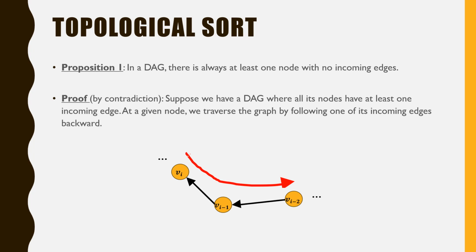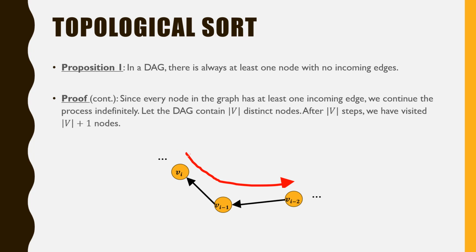In the next step, we follow an incoming edge of Vi backward to visit Vi-1. Again, we follow an incoming edge of Vi-1 backward to visit Vi-2, and so on. Since we assume that every node in the DAG has at least one incoming edge, we can continue this backward traversal indefinitely.